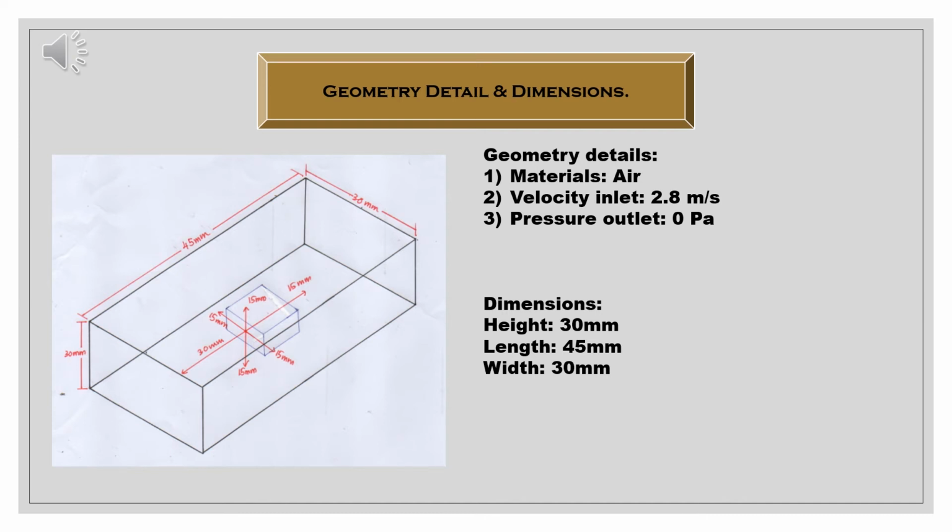And the third one is pressure outlet, which is 0 Pascal. The dimension is, height of the biggest cube is 30 millimeter. The length is 45 millimeter, and the width is 30 millimeter.